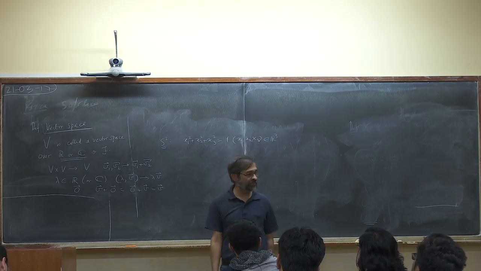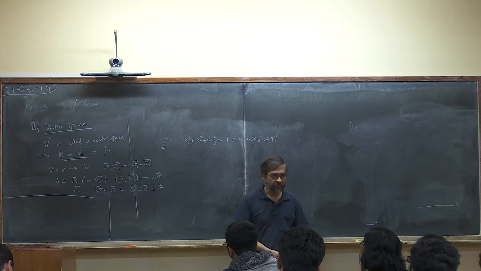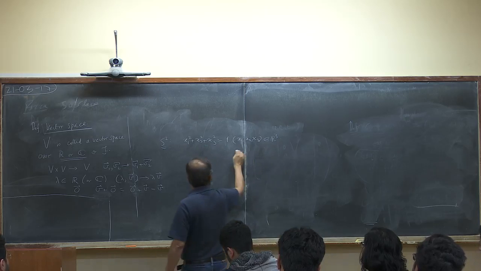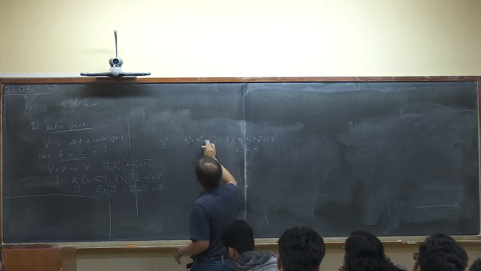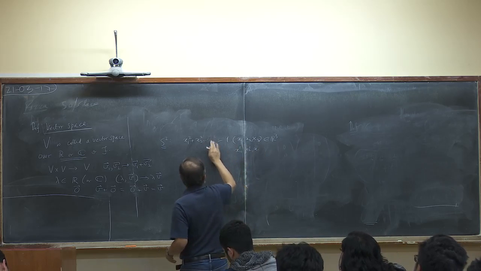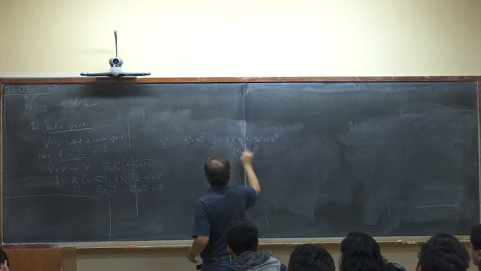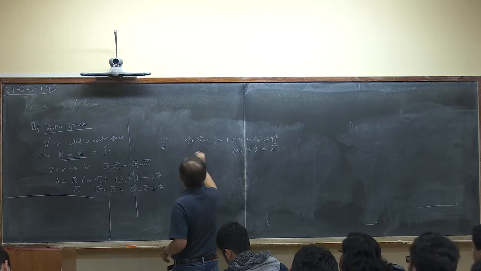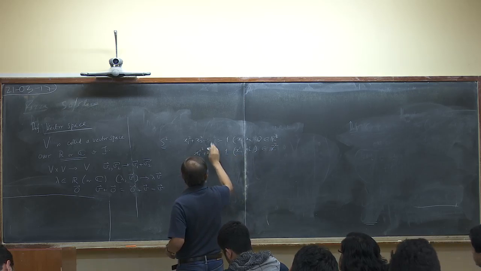I take two such elements and I see whether addition of them is again a member like this. I can even take S1, simpler. So I take two such points with x1 square plus x2 square equal to 1.